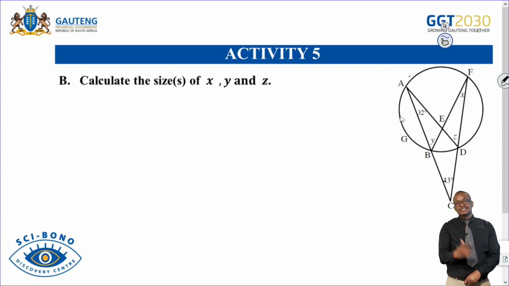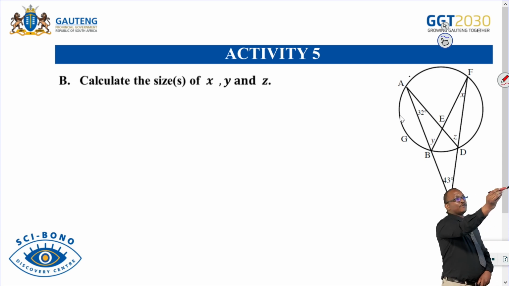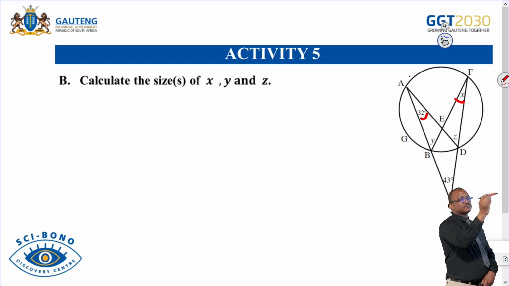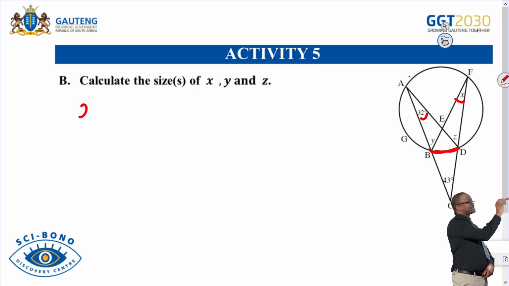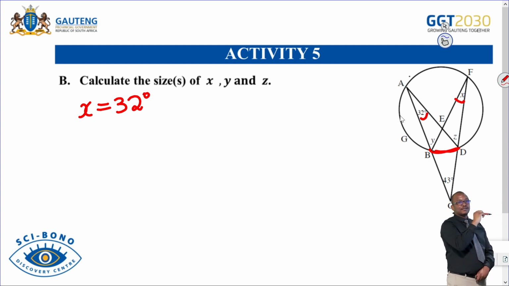Looking at this diagram, you can see the first one, for us to get x, we know we're looking at this arc here, the arc of BD. Subtend those two equal angles, A and F. So x is going to be 32 degrees, correct?